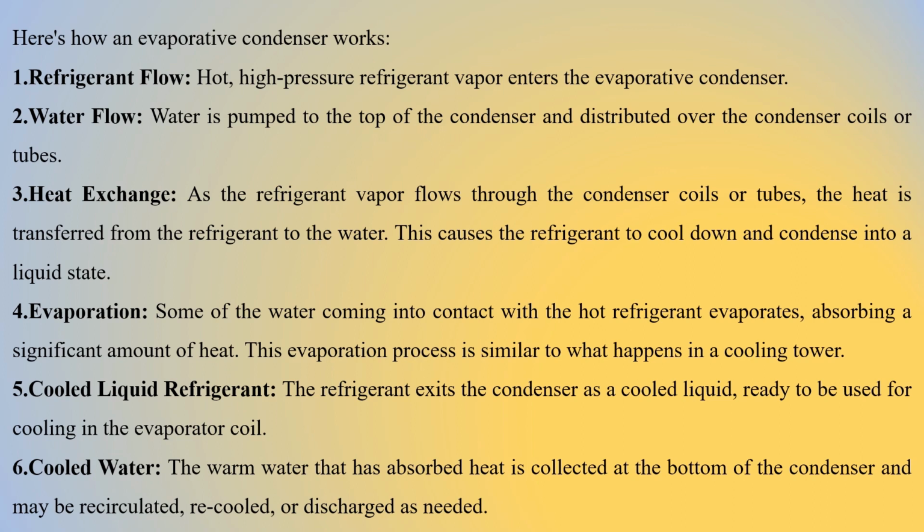As we discussed, it sprays out the water from the nozzles onto the tubes. Okay. And the heat exchange takes place and converts the vapor into liquid form. Now you can read here the remaining part, that is heat exchange, evaporation, cooled liquid refrigerant and cooled water.